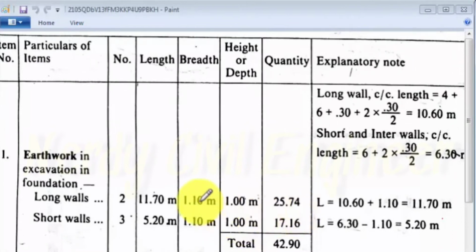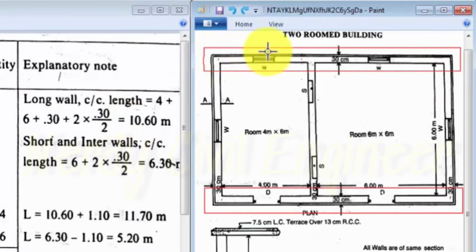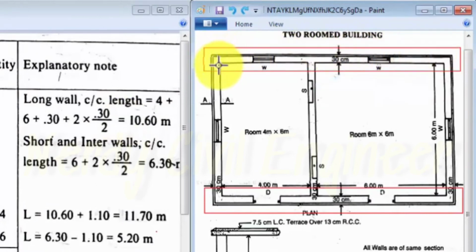Now is the time to calculate the length. See, these are the long walls. As you can see, we have already calculated the center to center length for both long walls and short walls. That means we already know the center to center length of the wall, and the remaining length will be half of the breadth of the foundation.